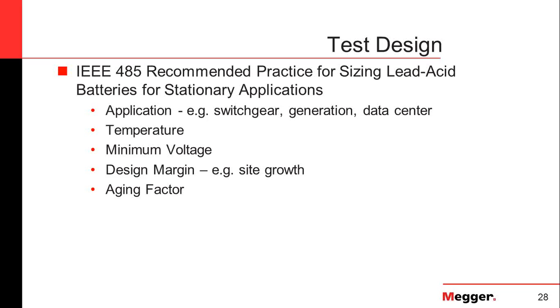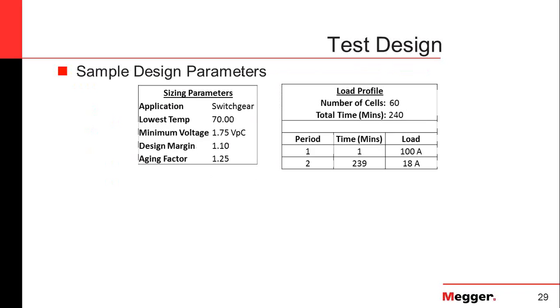You'll consider things such as the application being switchgear, generation, data center, what type of temperature the battery is going to see, what's the end voltage or the minimum volts per cell that I need, what design margin I'm going to incorporate so I can account for potential site growth, and what kind of aging factor am I going to use. All of these are basically designed to oversize the battery so that when it's nearing the end of life, you still have enough capacity.